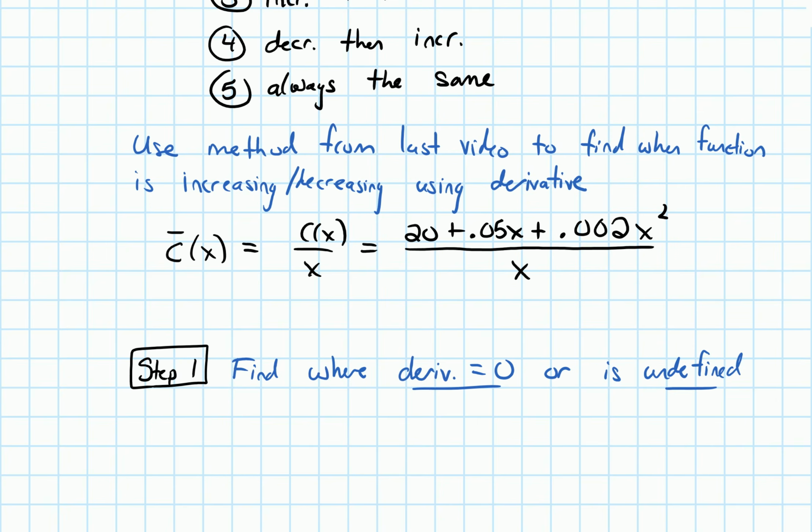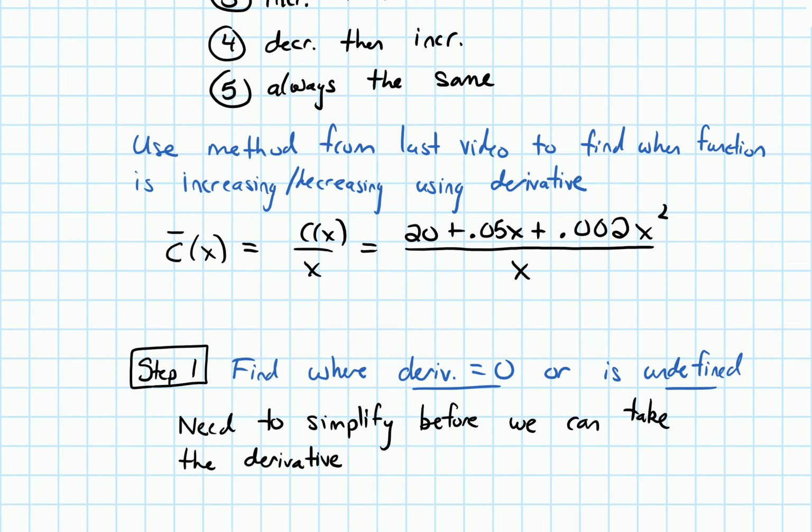Because of that, we need to find a way to simplify this so it becomes a function that we know how to take the derivative of. So we need to simplify before we can take the derivative.